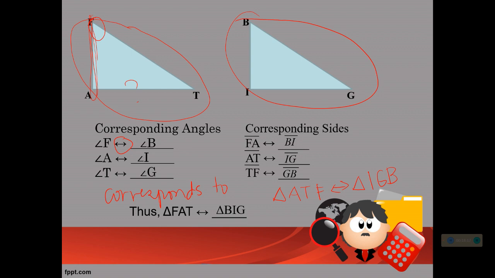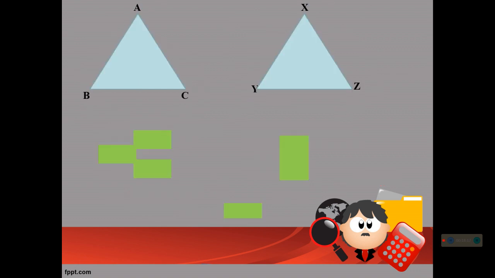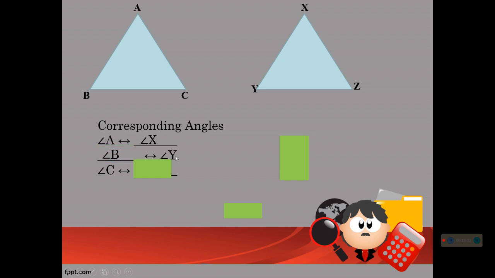Okay, question? Let's now proceed with these two triangles. Let's have the corresponding angles. Angle A corresponds to what? Yes, angle X. Blank corresponds to angle Y. That's correct, angle B. Angle C corresponds to what? Correct, angle Z. Now the corresponding sides.